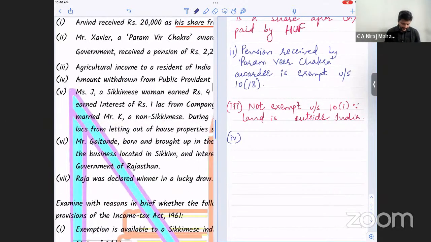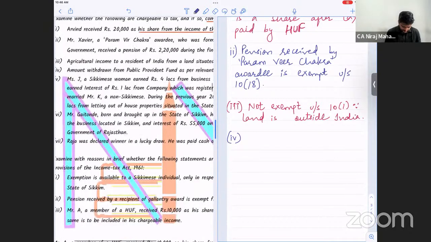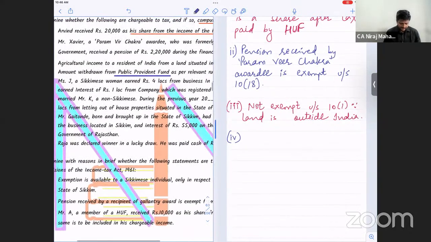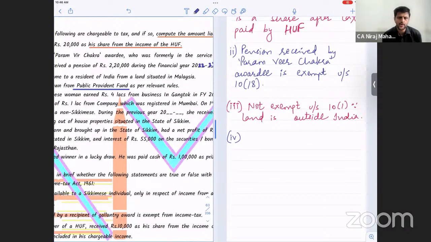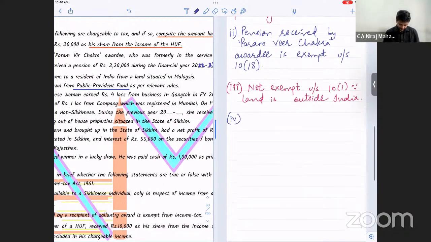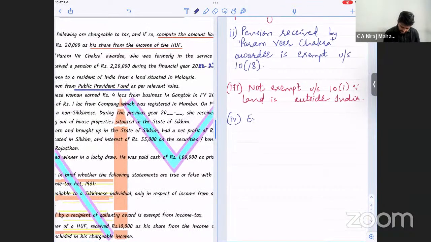Amount withdrawn from Public Provident Fund, PPF, as per relevant rules. So withdrawal from Provident Fund is also exempt. Okay, everybody? 10(11) or 10(12), whichever is applicable, that we will take later on.